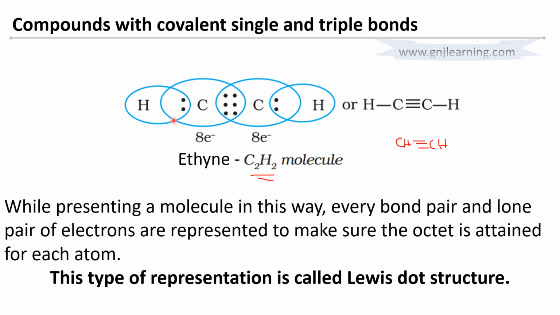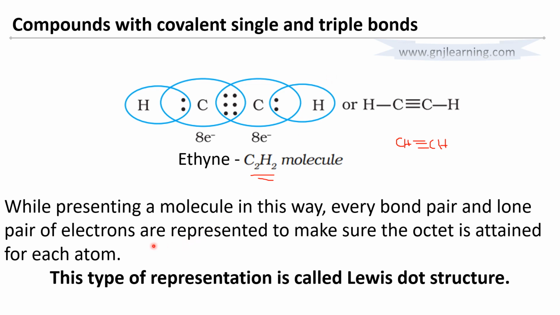Clear? So while presenting a molecule in this way, every bond pair and lone pair of electrons is represented. Here there is only bond pair, whereas if there is oxygen or chlorine, you might have observed that there are lone pairs also. All those lone pairs are also represented. Why?